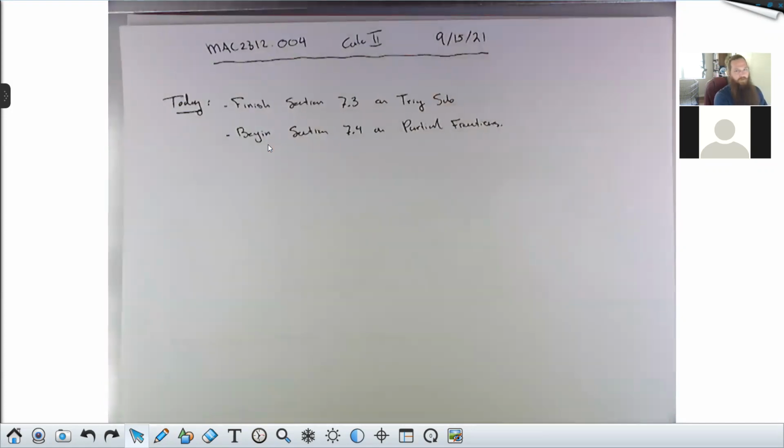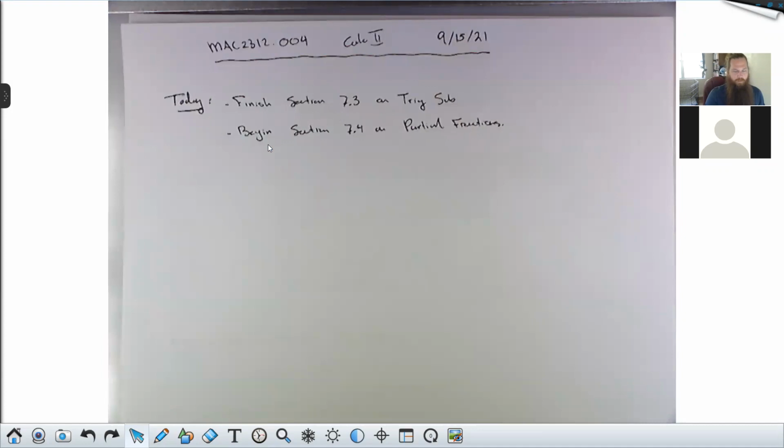Just out of curiosity, because when I took these classes, partial fractions was something you learn in pre-calculus. It's a purely algebra thing. And then when you got to this point in Calc 2, the professor is like, okay, you guys remember partial fractions. Well, now we're going to use it here. So I would like to just get a little feedback from y'all. Who has seen partial fractions in pre-calculus?